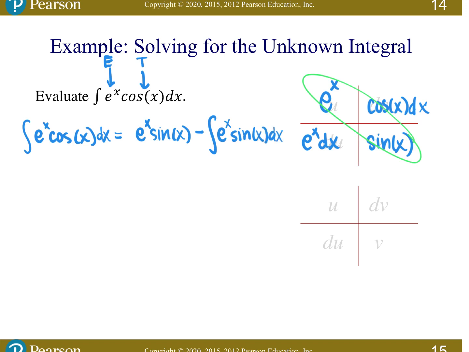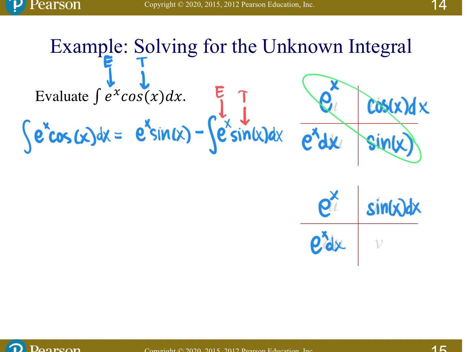So now I'm still at an e and a trig, so I do it again. We have e to the x chosen again as u, which is going to give me e to the x dx, and then sine x dx is the v part.